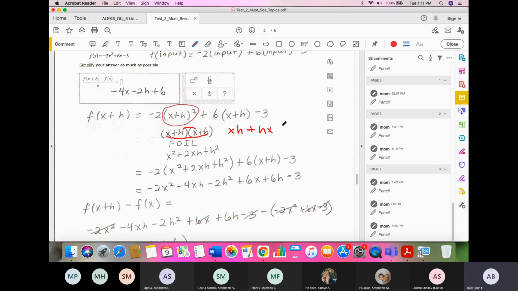You give the same answer. So we can take one of these and switch this order. We can write this one as x times h. So now we've got xh plus xh. We have 2 of them. That gives us 2xh right here. Does that make sense? Yes, thank you. You're welcome.